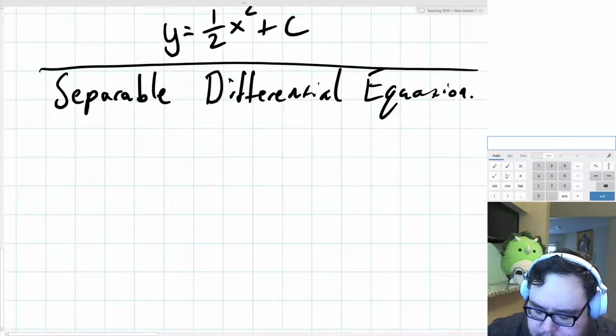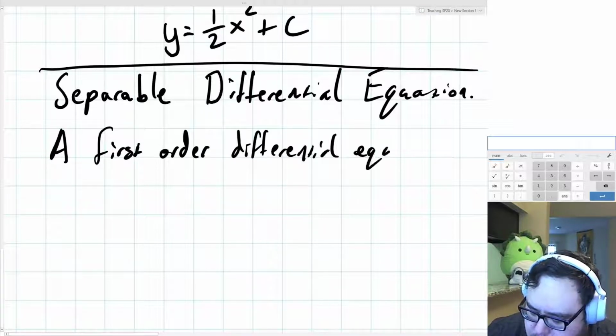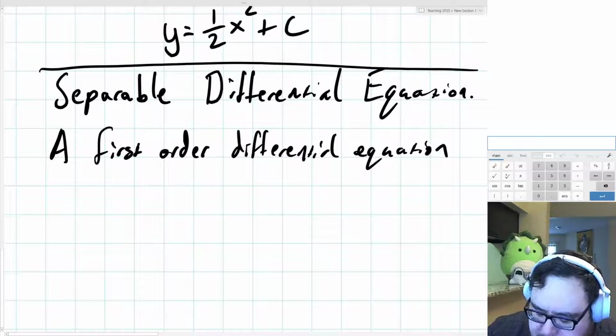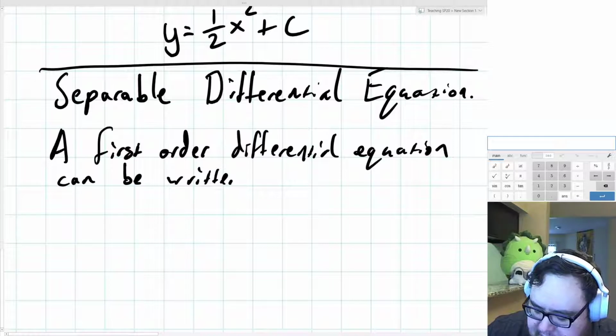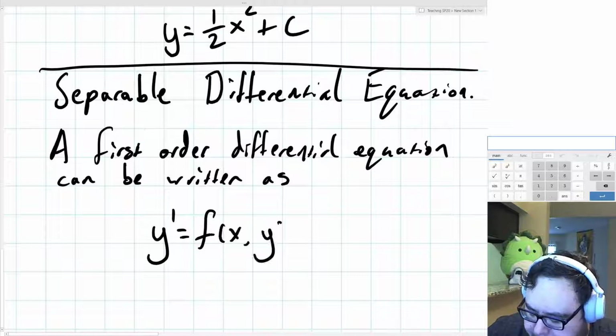So first off, a first order differential equation can be written as y prime is equal to f of x comma y.